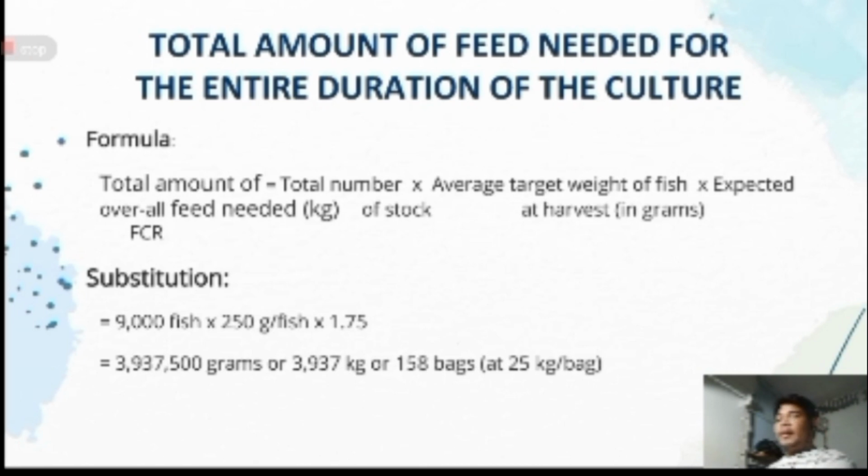So kung i-multiply natin yung tatlong yun, we will have 3,937,500 grams or 3,937 kilograms. So yun na yung ating total amount of feed needed for the entire duration of the culture.